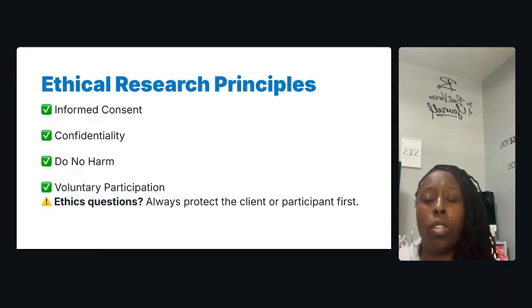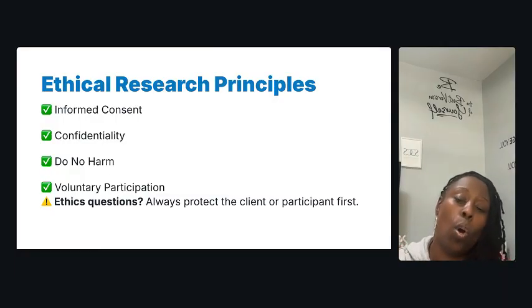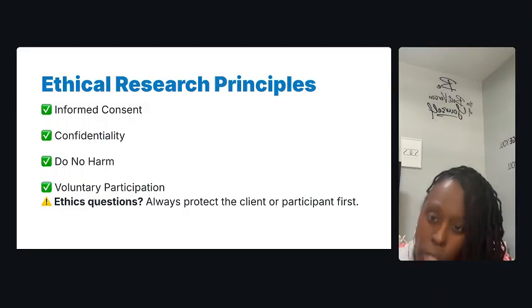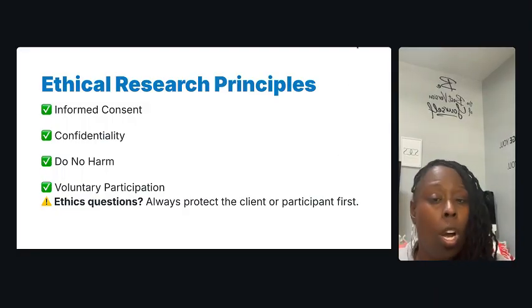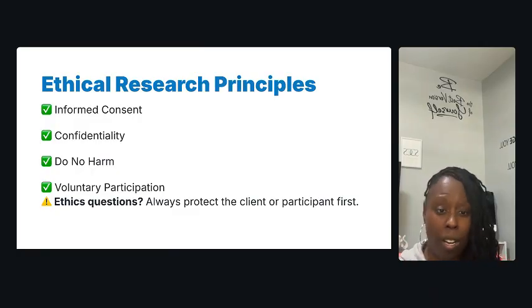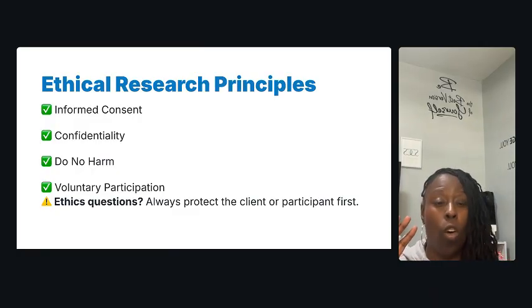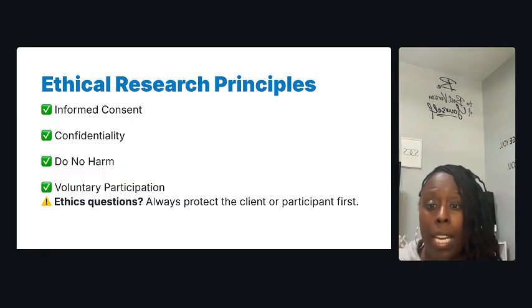Now let's talk about some ethical research principles. We have informed consent, confidentiality, do no harm, voluntary participation. Ethics questions all day long. When we talk about ethical research and principles, you're going to think ethics, because it's going to talk about informed consent. It's going to talk about confidentiality, whether you're protecting the clients or the individuals or the samples or the people who are the participants in the research. Are they being protected? Have they been informed what's going to happen or what can happen?